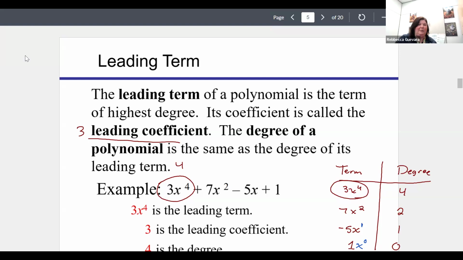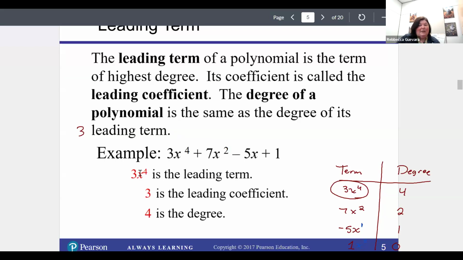And this is what gets covered up a little bit on the bottom here. So we have this polynomial here. So we're saying that 3x to the fourth, like we said, has the highest degree. We saw that over here as my leading term. The 3 on it is my leading coefficient, and then the degree of the whole polynomial is 4.